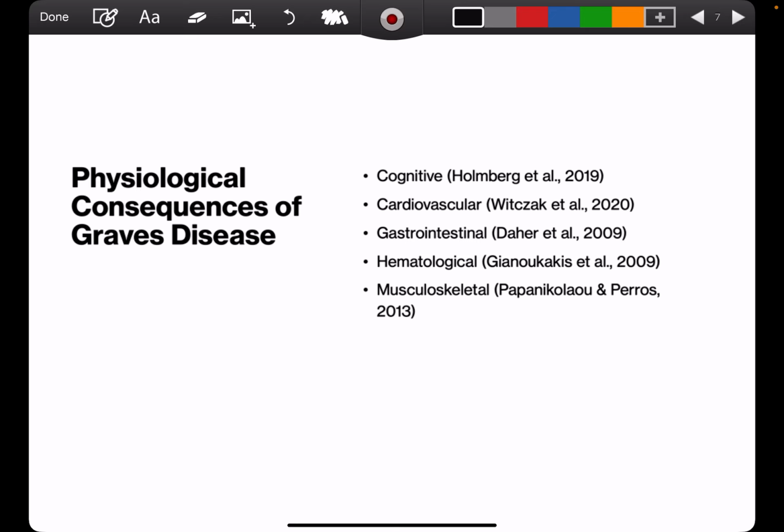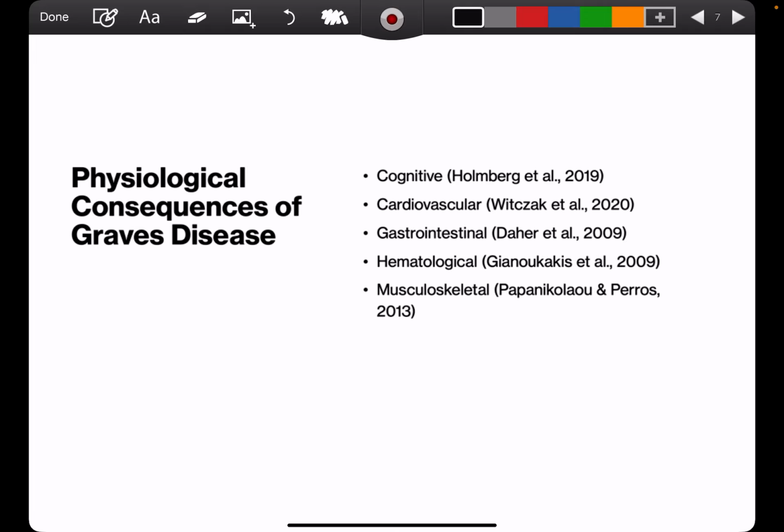Gastrointestinal is the opposite of Hashimoto's. If we have constipation there, in this case we're more likely to have diarrhea and hypermotility, almost constant emptying of the gastrointestinal tract. And hematologically, anemia is also a big issue here as well.